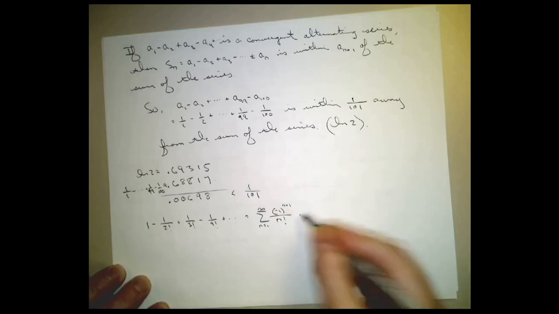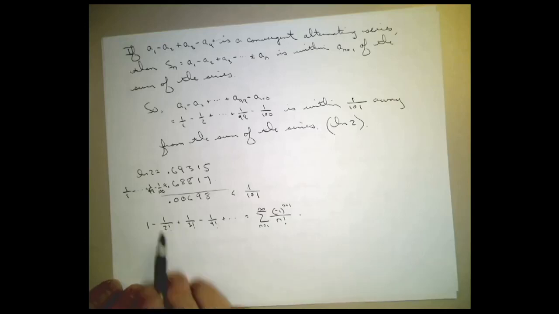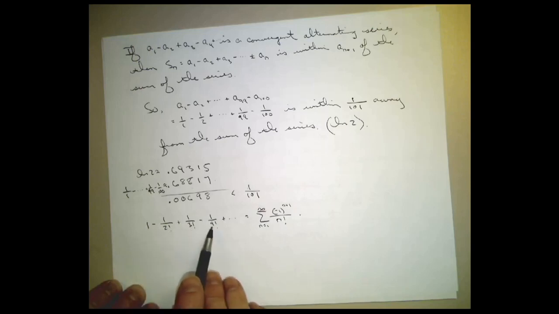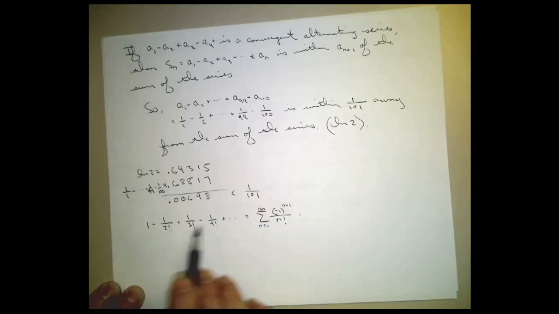So let's see. Is this an alternating series? Well, yes, right? 1 over 2 factorial, 1 over 3 factorial, 1 over 4 factorial are all positive numbers. And those positive numbers are forming a decreasing sequence. And the series is formed by alternating the signs of the terms of that series.